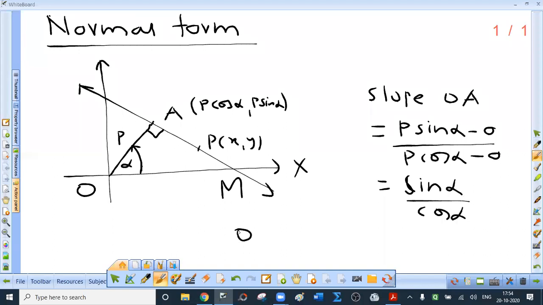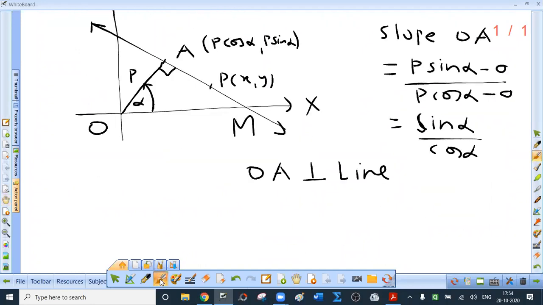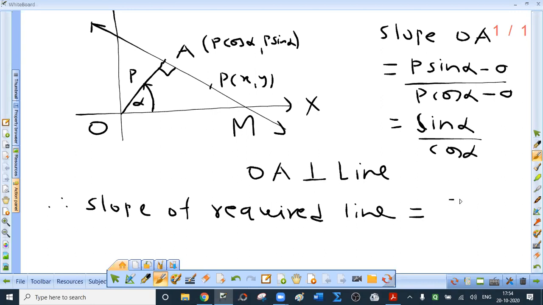Okay. Now OA is perpendicular to the required line. Product of slopes of two perpendicular lines is -1. Therefore, slope of required line is -1 upon sin alpha upon cos alpha.